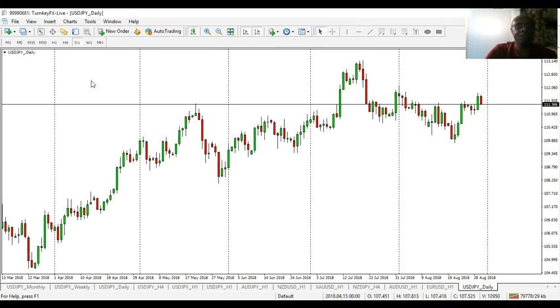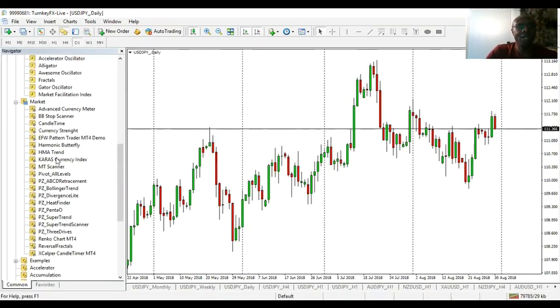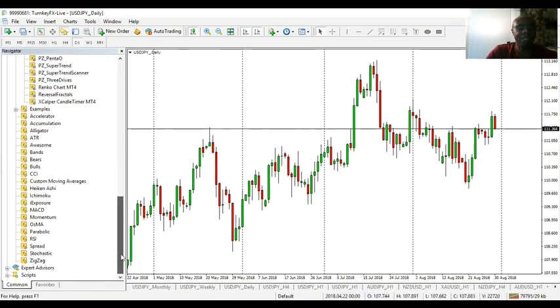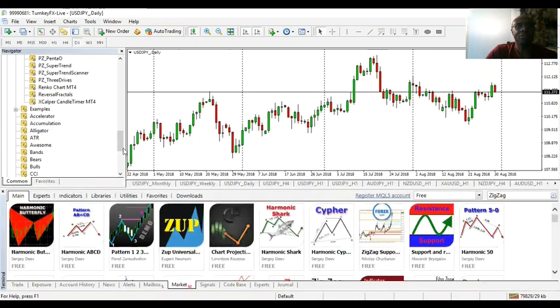So first of all, I like to use a zigzag. If you don't see it in your navigator, you can also get it from the marketplace, right? If you click on terminal, and then go to market, you can select free.